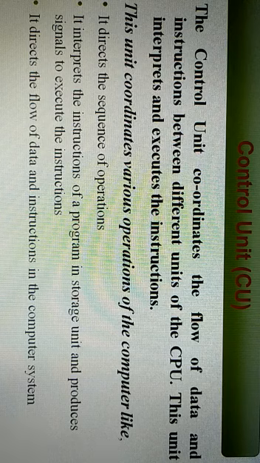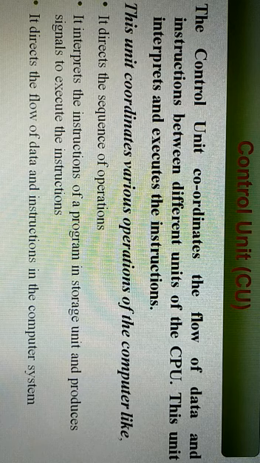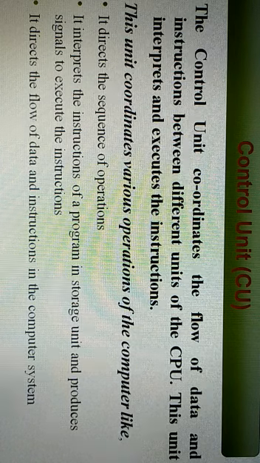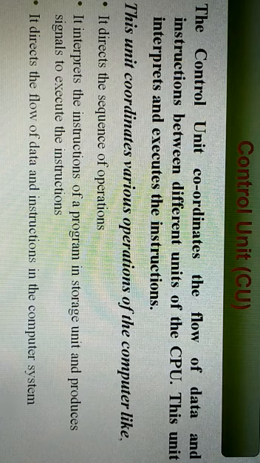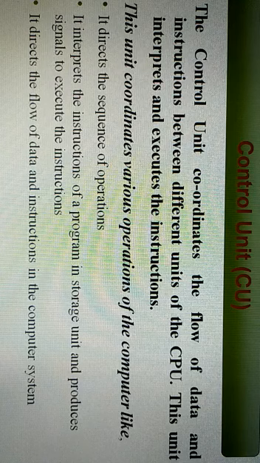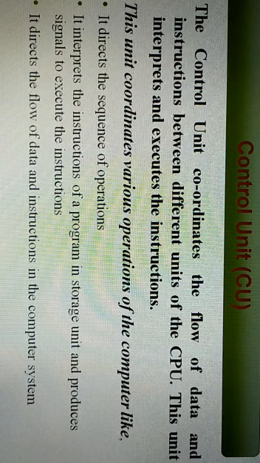For example, if you give the instruction add x comma y, here add is the operation code and x comma y is the operand. The operand is what is to be processed, and the operation code means what must be done on x and y.